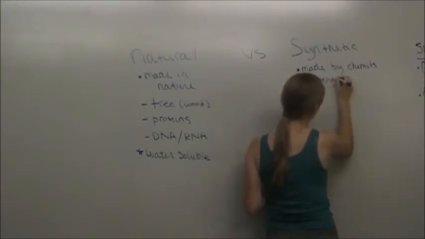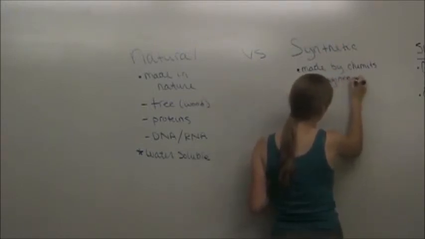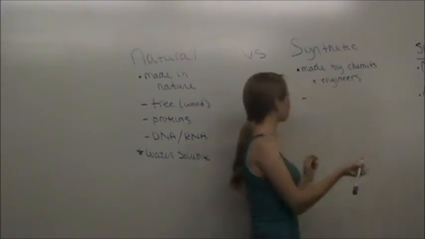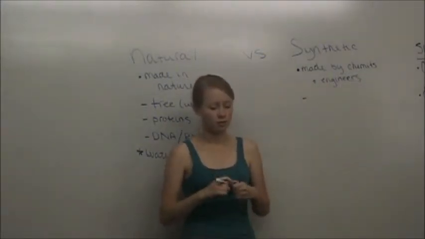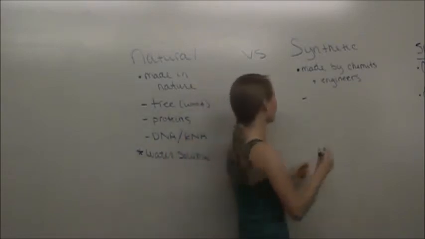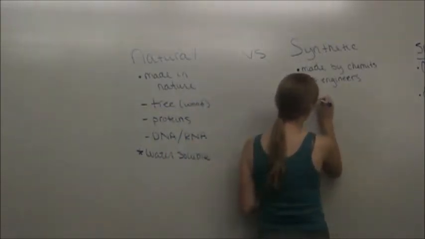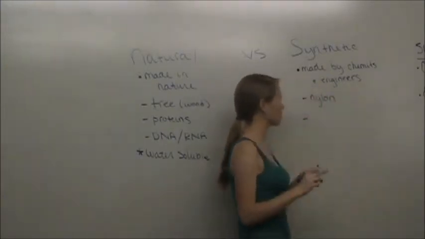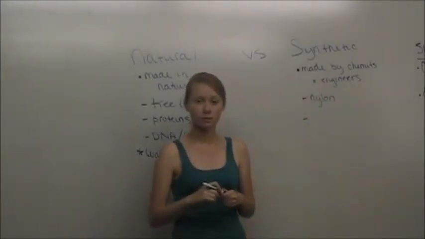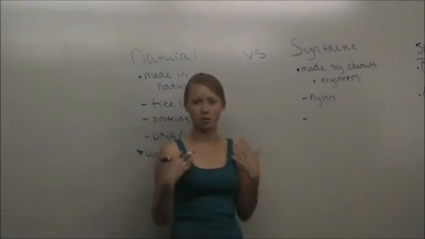What's an example of a synthetic polymer? Nylon. Where do we find nylon? In our clothes. So what's another polymer found in our clothes? Polyester. Yeah, you've heard that your shirt's made out of polyester.